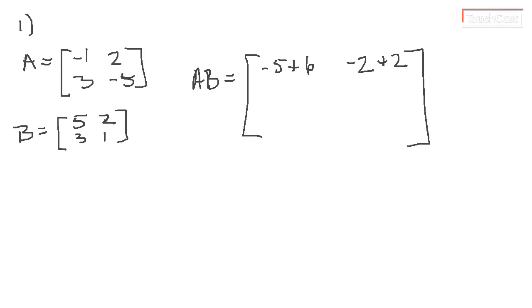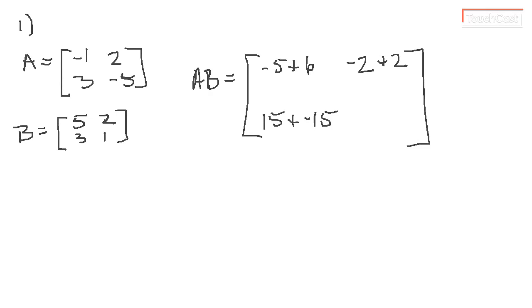Now we just repeat the process, but this time we take second row, first column. So we go 3 times 5, which we get 15, and we add -5 times 3, which is -15.